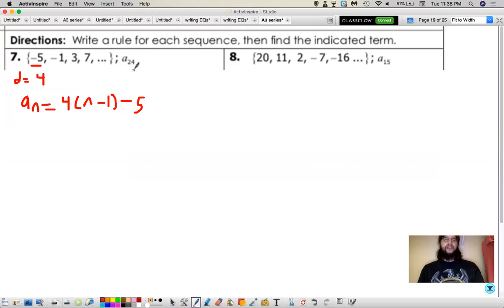And then find the indicated term, 24. Oh no, we have to list out all 24. No, we don't. We now have a rule, a formula. So we know a sub n, a sub 24 in this case, is equal to 4 times, well, it's a sub n, n is 24, so 24 minus 1, minus 5.